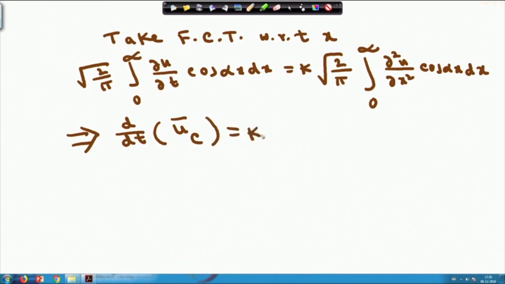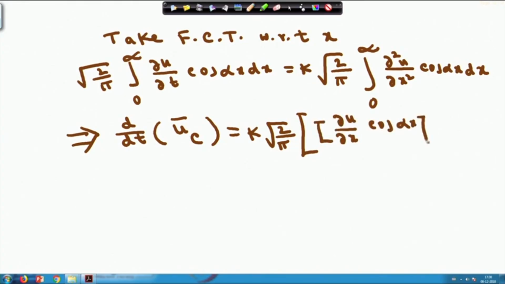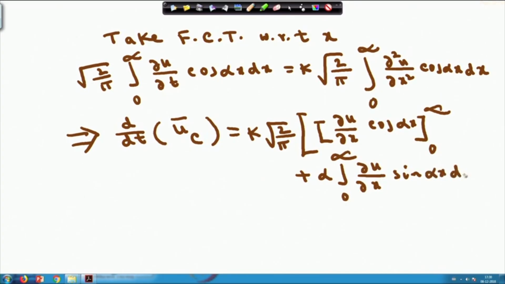This equals k into root over 2 by pi into, using integration by parts, del u del x into cos of alpha x from 0 to infinity plus alpha into integral 0 to infinity del u del x into sine of alpha x dx.